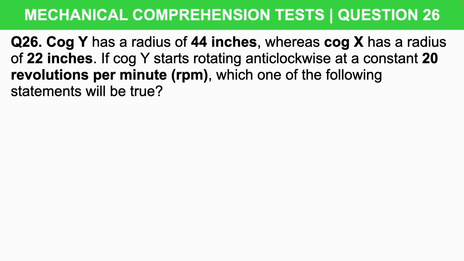Okay, question number 26 is, if cog Y has a radius of 44 inches, whereas cog X has a radius of 22 inches, if cog Y starts rotating anti-clockwise at a constant 20 revolutions per minute, RPM, which one of the following statements will be true?